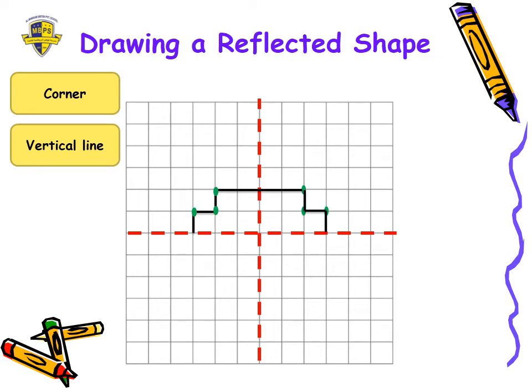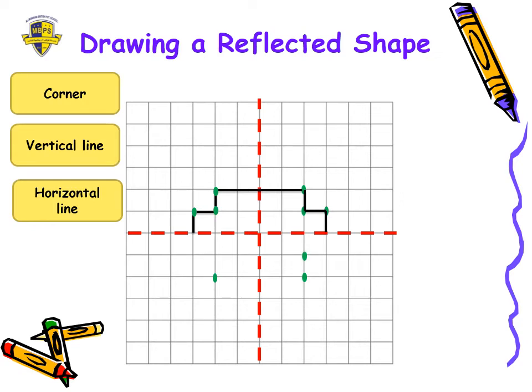Okay, the first corner is 2 squares up, so now I will work downwards: I count 2 squares down and I put it. Also on the other side, 2 squares, I count down and I put my dot.